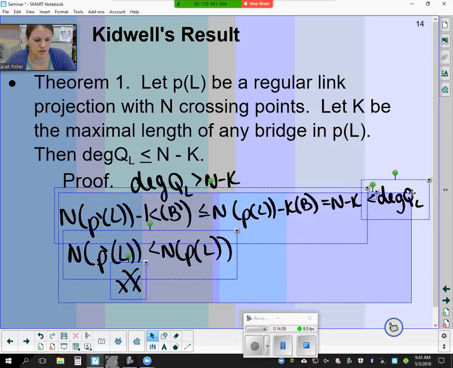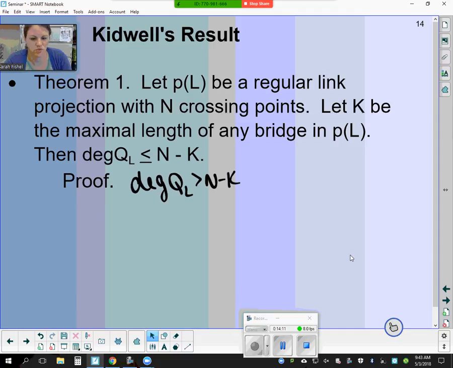All right. Now, let's let our bridge length maybe be 0. So we know it can't be improper. We've already decided that. Now let's see if we could end up with a bridge length of 0. Maybe that will be a counterexample. Well, if that's the case, that means if your number of crossings is 0, the only thing that your projection could be is the trivial projection of the unlink.